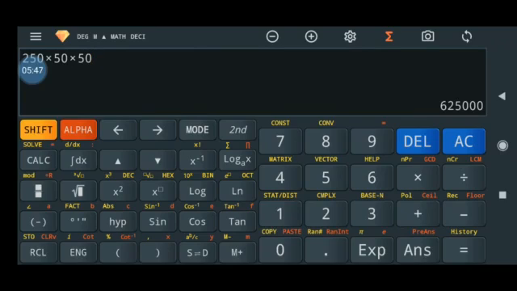It is 6,25,000. In terms of 3 you can take it.